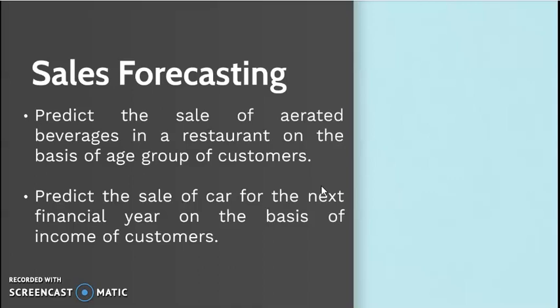The second example is to predict the sales of cars for the next financial year on the basis of income of customers. Obviously, the car manufacturing company will get into some of the models for predictions to get the sales of their car for the next financial year so that they get into production accordingly.